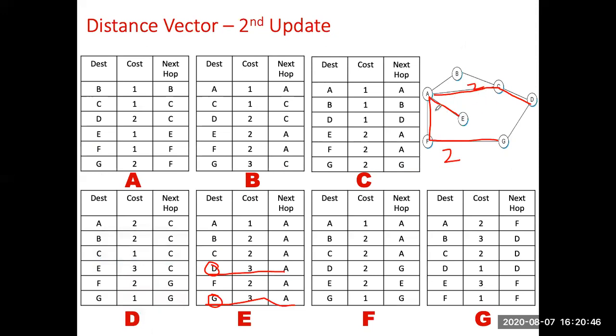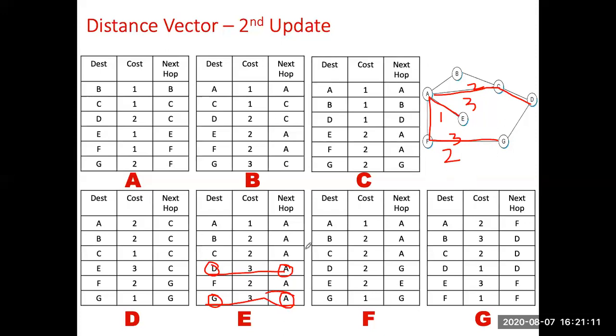So when E adds their information, it will add the 1 which is the cost to A, and A has the cost 2 to reach destination D, so the total cost will be 3, and similarly in this case the cost will be 3, and it will move to these nodes via A. So this is how E will update the information of all these nodes.